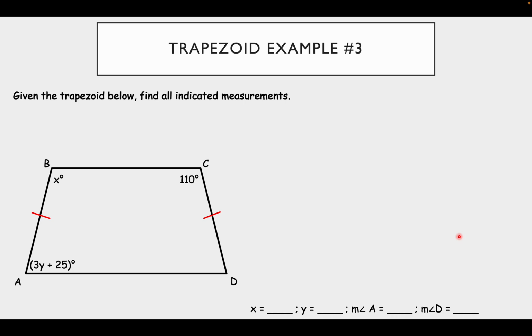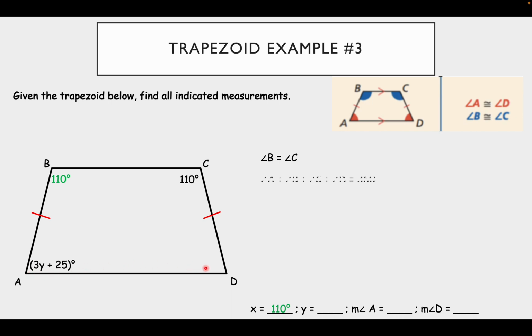Example 3, we got a little bit more going on here. The first thing I know is that angle B and angle C are equal. That makes finding x easy. It's going to be 110. Got a little more to do to figure out angle A and angle D. But before I try to confuse myself trying to solve for y here, I'm just going to solve both base angles like we did in example 1.